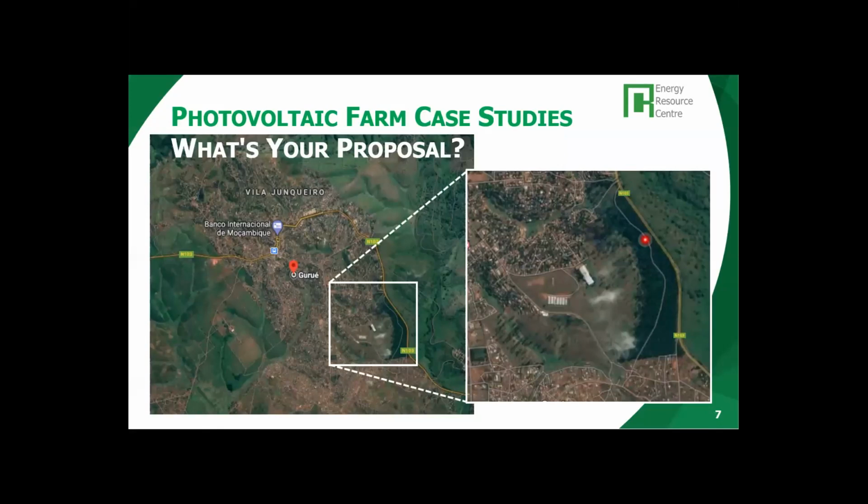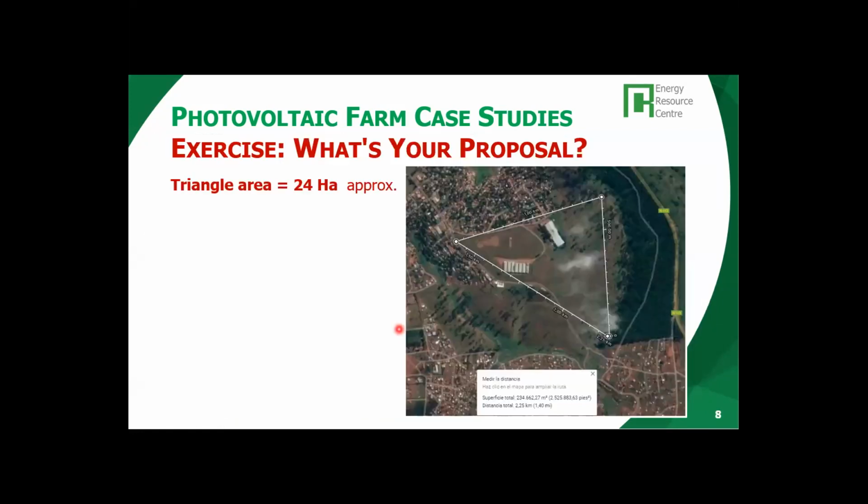So now it's time for you to start doing a bit of calculations, a bit of exercises. By looking at the area around Gurue, we can see, this is just an example, what looks like an interesting area here that could, why not, host a PV farm, a large PV system in this area.